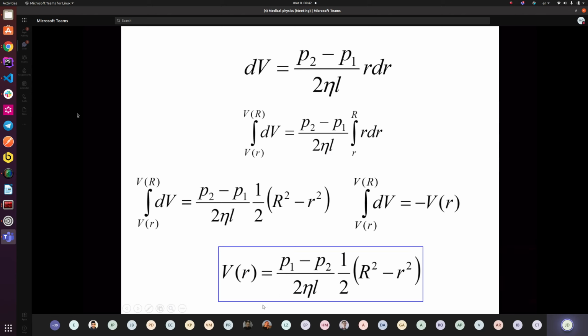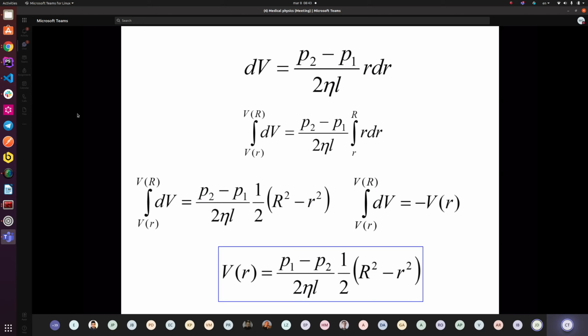Is this formula clear? So to reiterate, the big R is the radius of the entire pipe, and the small r is a specific point selected somewhere inside. We don't know where, but somewhere. Okay, thank you very much.